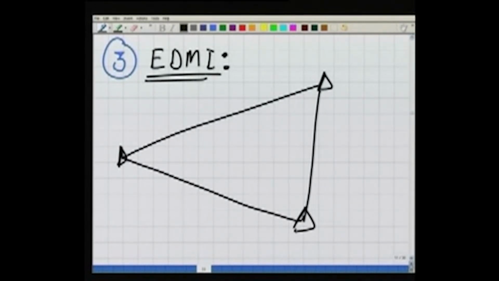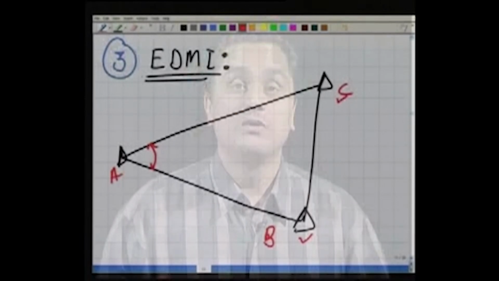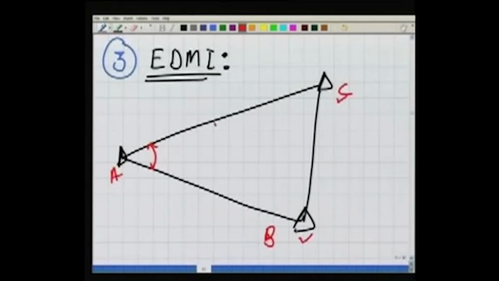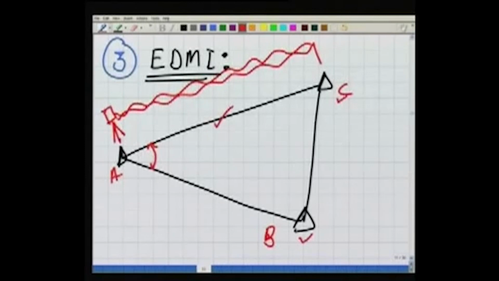Now, in case of triangulation, what we did, if we are at A, we put our theodolite at A, and then we bisect the target at B and target at C, and we know the angle CAB. But in case of EDMI, I am measuring the distance AC. How are we measuring the distance? We are putting our EDMI here and our reflector here, and the electromagnetic wave is sent to the target, and then it will be reflected back and reach here. So by measuring the time of travel, we know the distance.